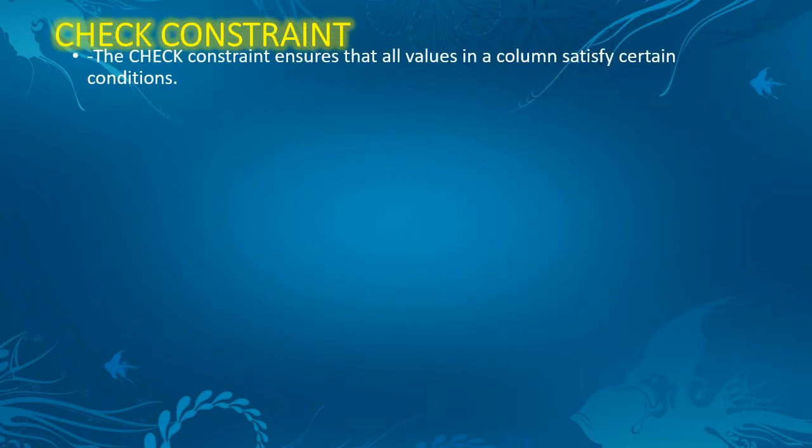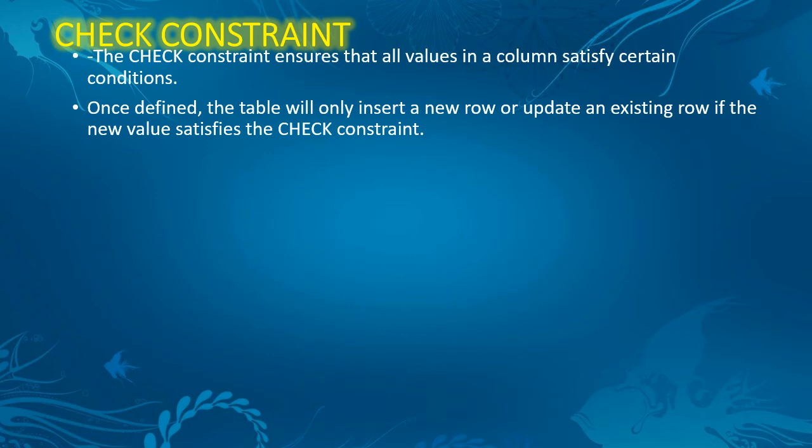Next, check constraint. Check constraints ensure that all the values in a column satisfy a particular condition. Once we define the check constraint, when we insert a new row or update an existing row, it will be checked.